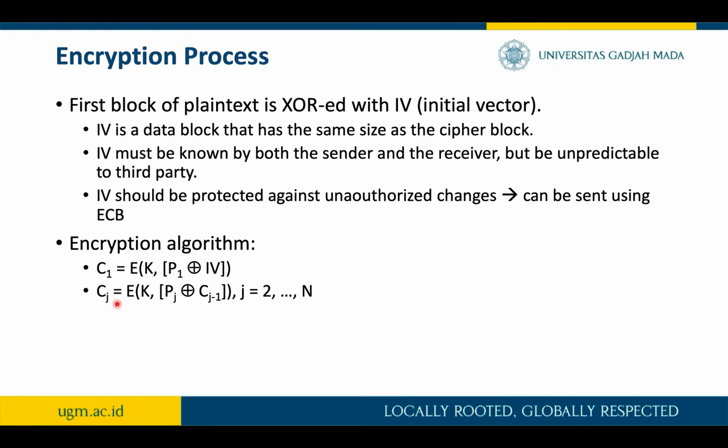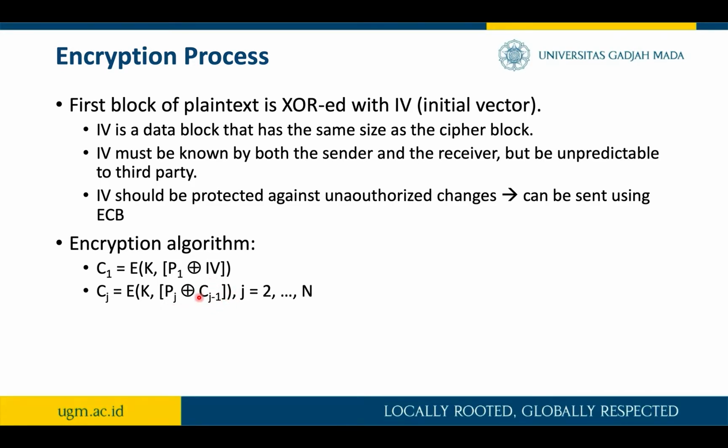Then for the next blocks, J from 2 to N, the Jth ciphertext is obtained from the XOR operation between the current plaintext block and the previous ciphertext block.